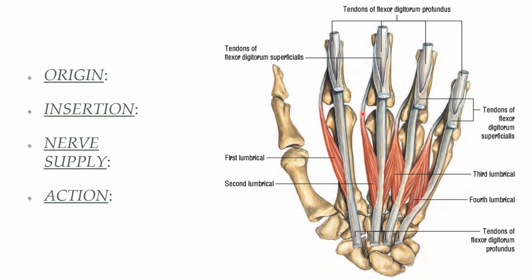Coming to the action of lumbricals, they are responsible for extension at the interphalangeal joint because of their characteristic site of insertion into the dorsal digital expansion. They are weak flexors of the metacarpophalangeal joint.